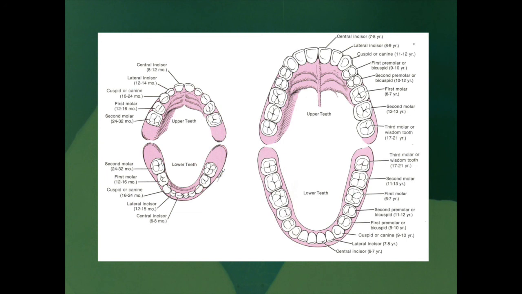Compare what I've described here to what you have in the Bass book. Go over each tooth within the arcade, look at its upper and lower expression, and look at some of the differences in terms of these landmarks, those associated with the root and the crown, to be able to distinguish the upper from the lower and the left from the right. And then pause the video here as well to look at the eruption ages associated with each of the different dental groups.